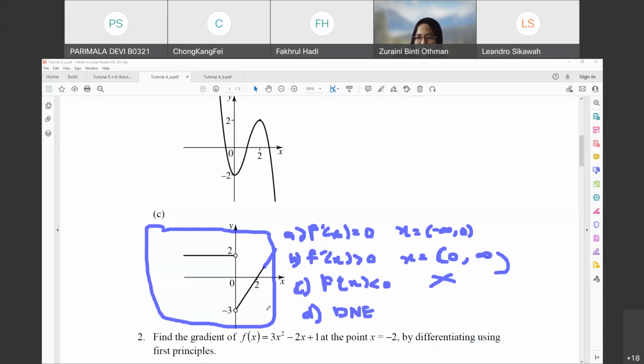Siapa tahu? Kat mana yang dia tak exist? Syakir. Kat mana dia tak exist kat sini? Nampak tak? Ada tak yang tak diplotkan? Ada satu titik yang tak diplotkan kat situ.